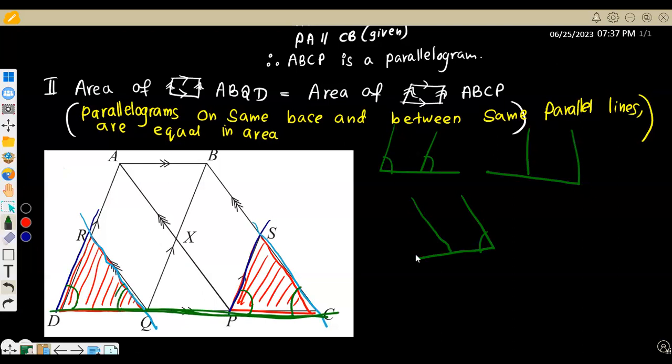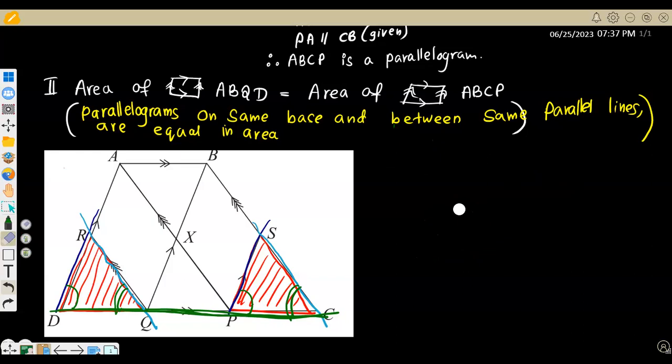They are also corresponding angles, because they are F in shape. Okay.